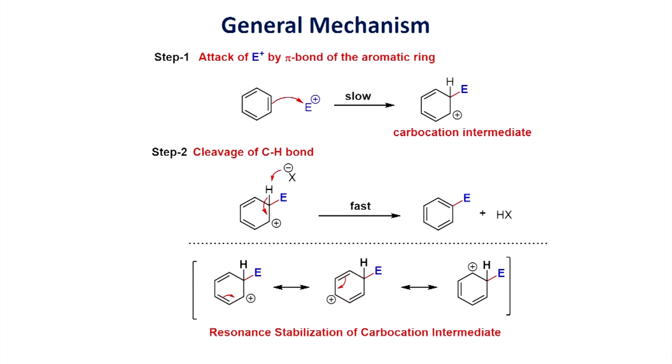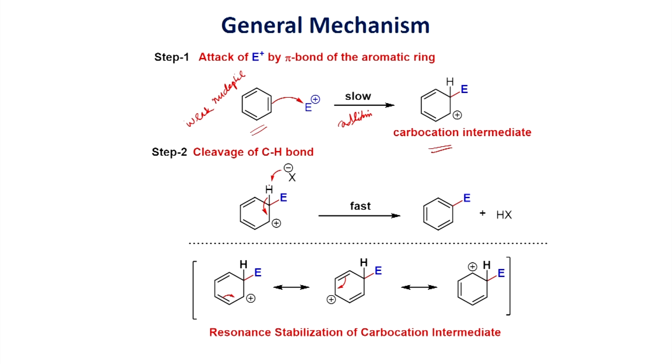Here the general mechanism for aromatic electrophilic substitution is shown. First, as you can see, the benzene ring acts as a nucleophile. This is a weak nucleophile. It undergoes an addition reaction, and you get this carbocation intermediate. Once you form this, deprotonation takes place.